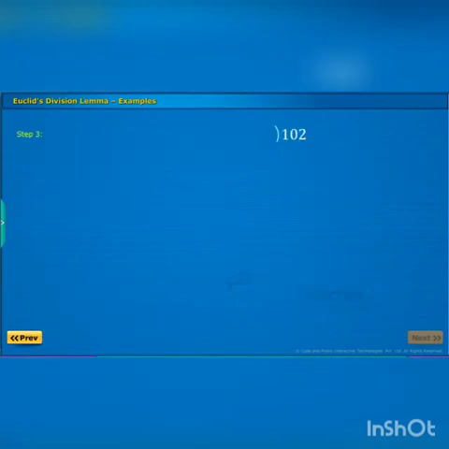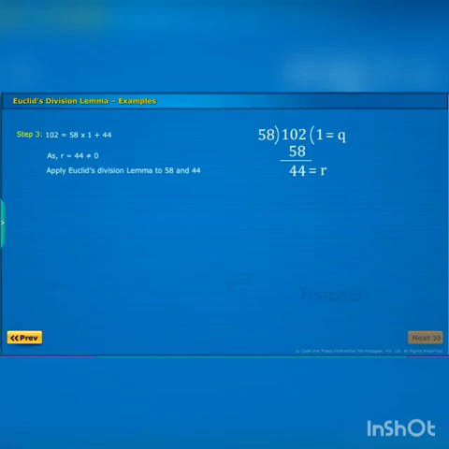Step 3. 102 = 58 × 1 + 44. As r is equal to 44, which is not equal to 0, apply Euclid's division lemma to 58 and 44.